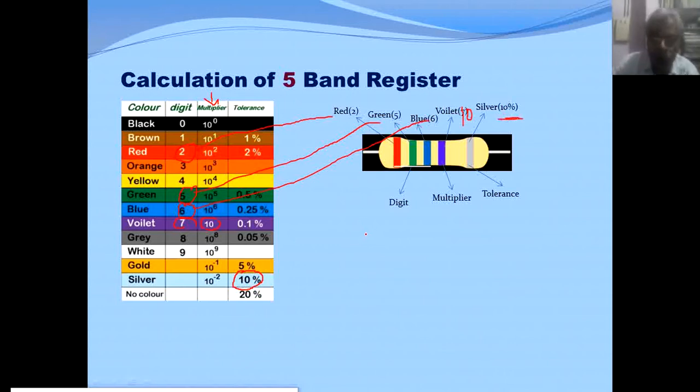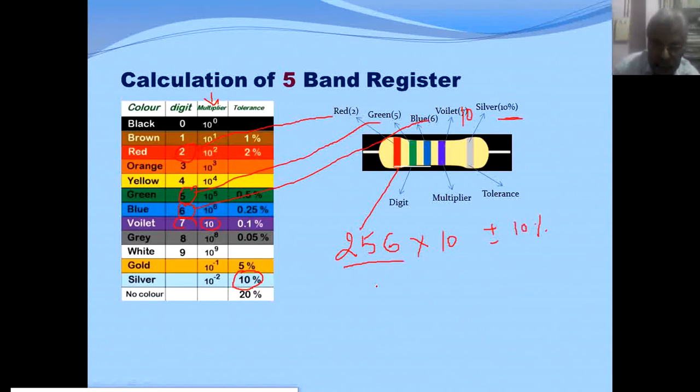The final value of this will be right here: 2, green value 5, third value 6. So in a 5-band resistor we use 3 digits for the digit value, and this is multiplied by this multiplier, that is 10, and then the tolerance is plus minus 10%.